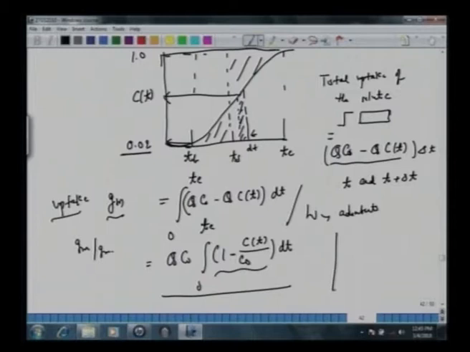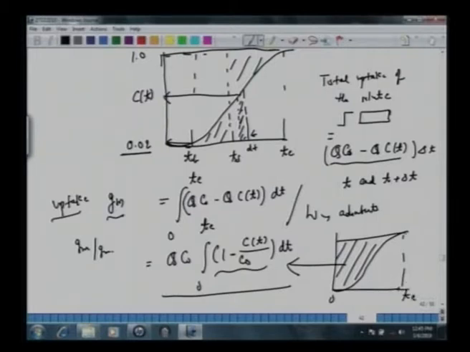If we redraw any breakthrough curve like this, this area corresponds to this, starting from 0 to Te, or for that matter to infinity. This is all first order, so it will take almost infinite time to reach 1 here. Approximately maybe it has reached 99% of 1, the exit concentration. So this is the total uptake.